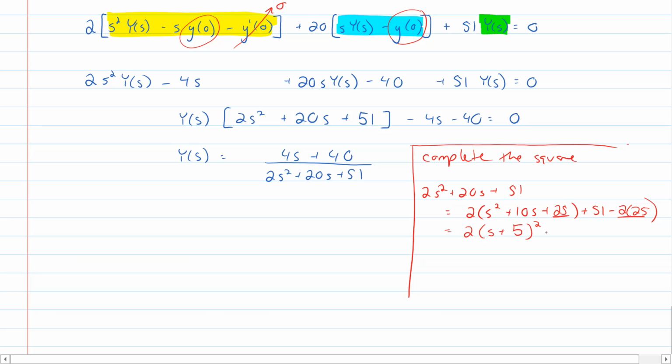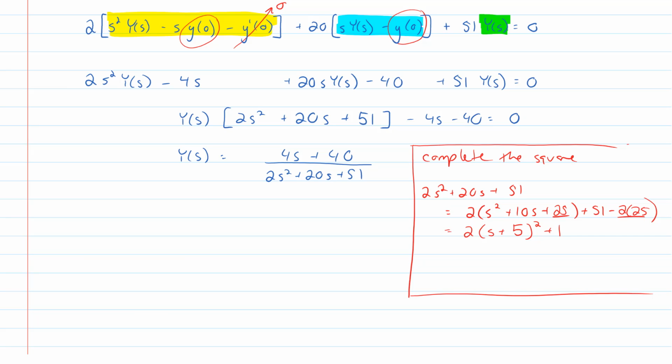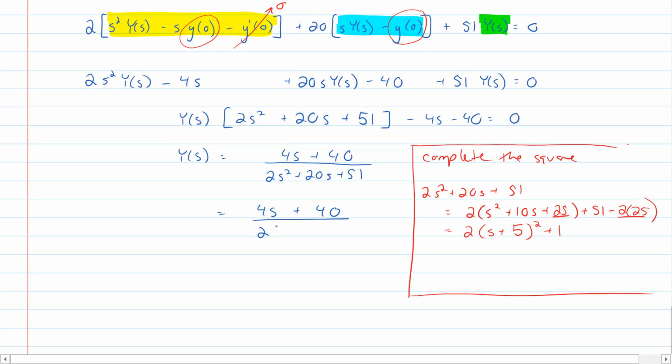Then 51 minus 50 gives you a 1. So going back to our expression for Y(s), we get (4s + 40) over 2(s + 5)² + 1.